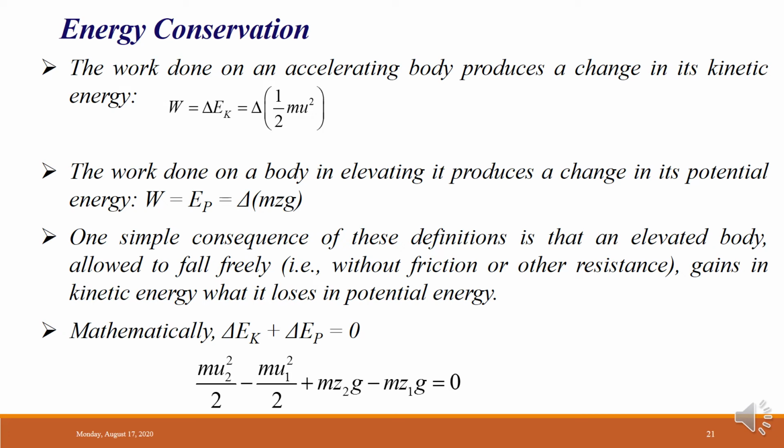So next comes energy conservation. The work done on accelerating a body produces a change in its kinetic energy. So W is equal to delta Ek equal to delta half m u square. And work done on a body in elevating it produces a change in potential energy, that is delta mzg, right?